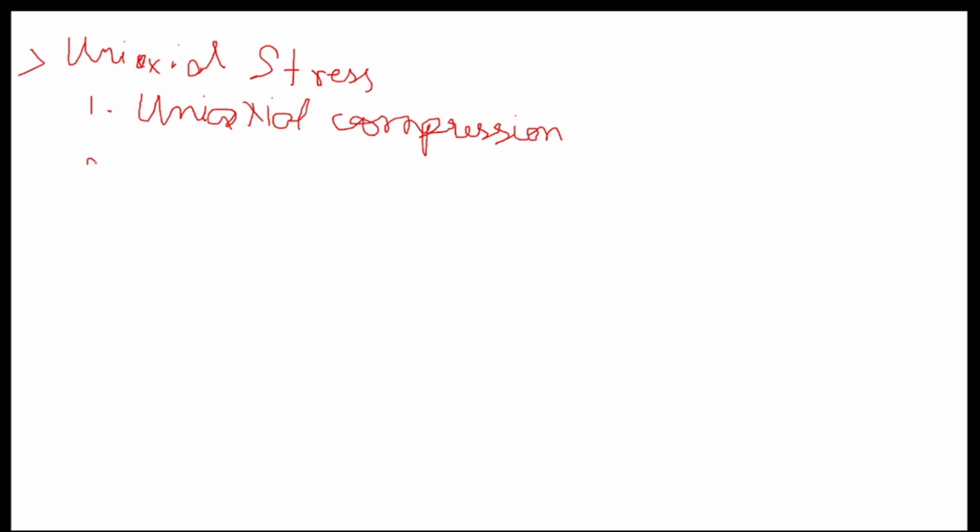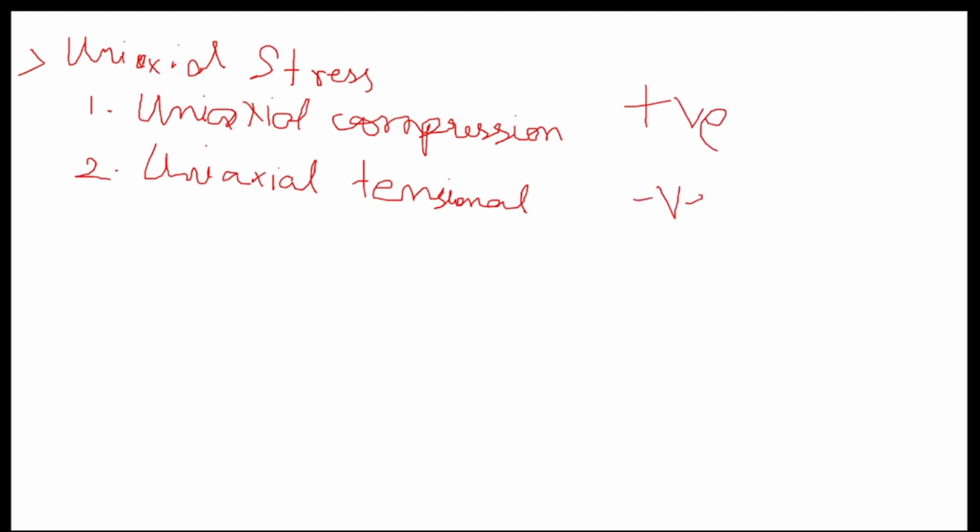Then we have uniaxial stresses. These are of two types. Number one is uniaxial compression and second one is uniaxial tension. As I told you earlier, we take any compressional component as positive and tensional component as negative. In case of uniaxial compression, the word itself is uniaxial.